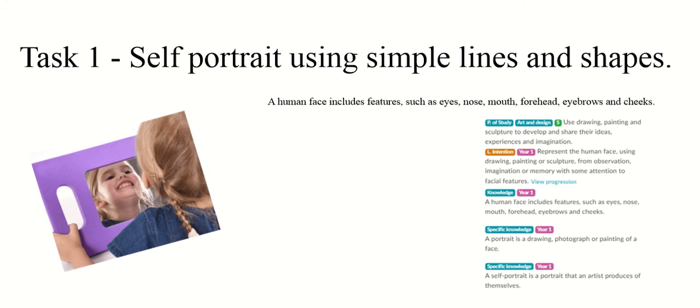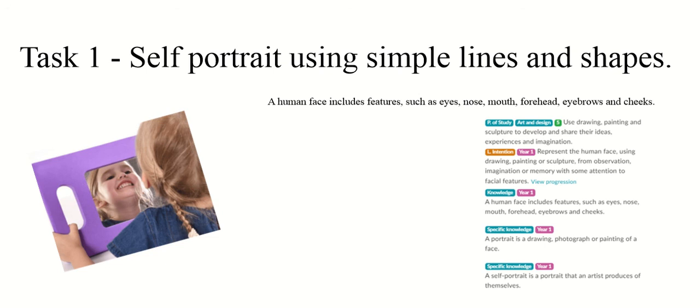Now, if you've got a mirror, then you can hold that up and you can look at yourself while you're doing this. Another idea is to take a selfie on an iPad or a phone, and then you can refer back to that. Because remember that we are using drawing and experiences and imagination, okay?